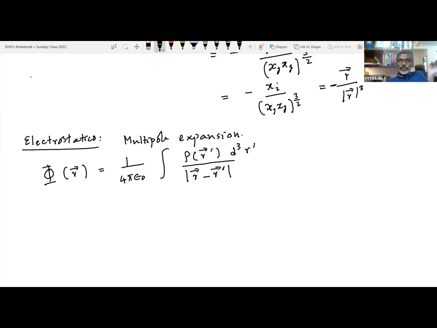So this corresponds to a situation where you have some coordinate system and there is some kind of a charge distribution here, and this is a representative point r prime for the charge, and you are interested in finding out the potential at a point r. And this vector is r minus r prime.